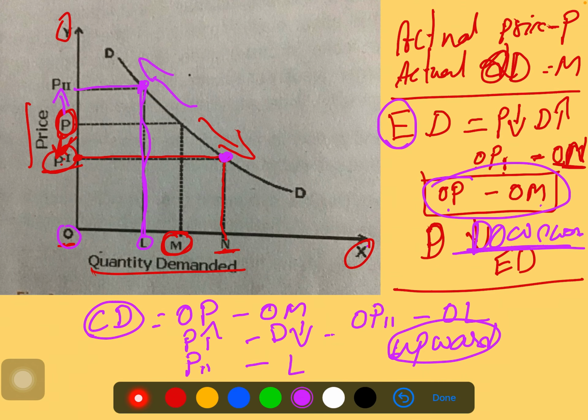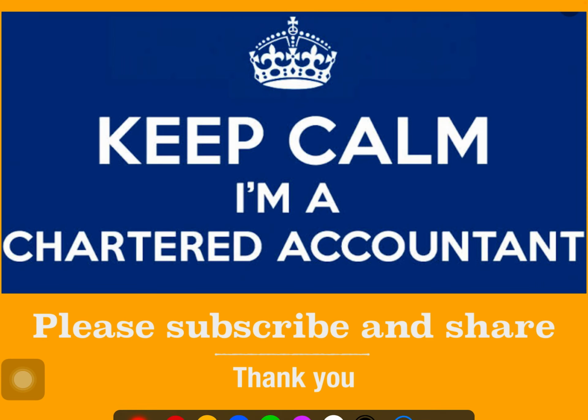Expansion of demand means demand is increasing, in the downside, here. Contraction of demand means demand is decreasing. You can see that even though we are moving upward, demand will be less because the price will be more. So this is called expansion and contraction of demand. I hope you got the point now.